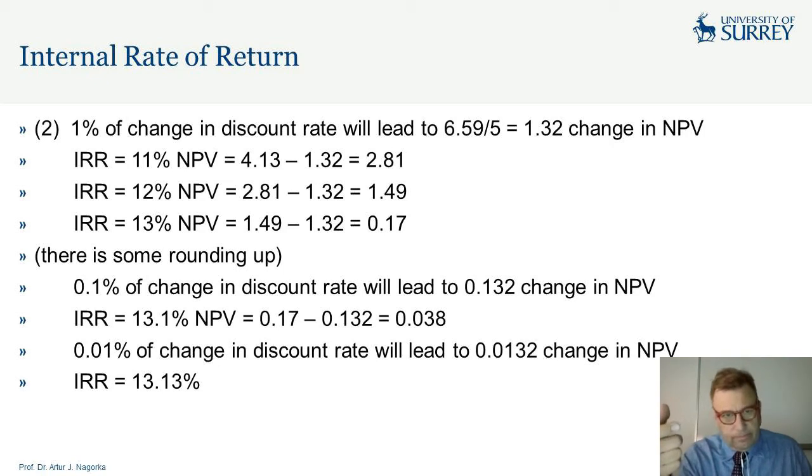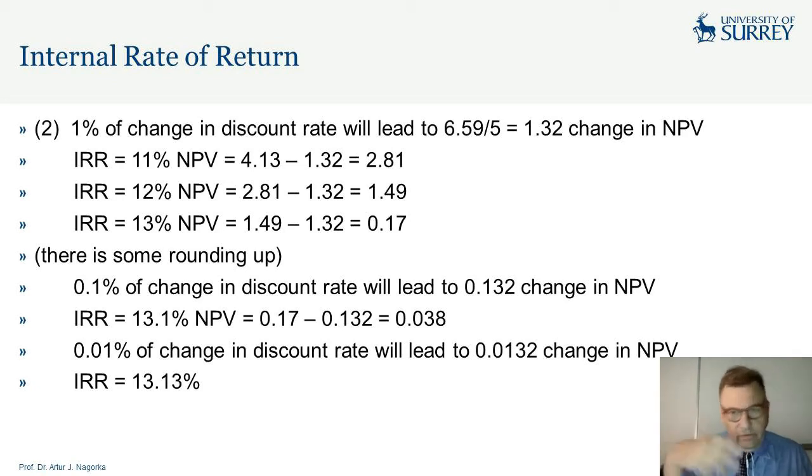So when IRR is 11%, we subtract 4.13 minus 1.32, and we arrive still at a positive NPV of 2.81.